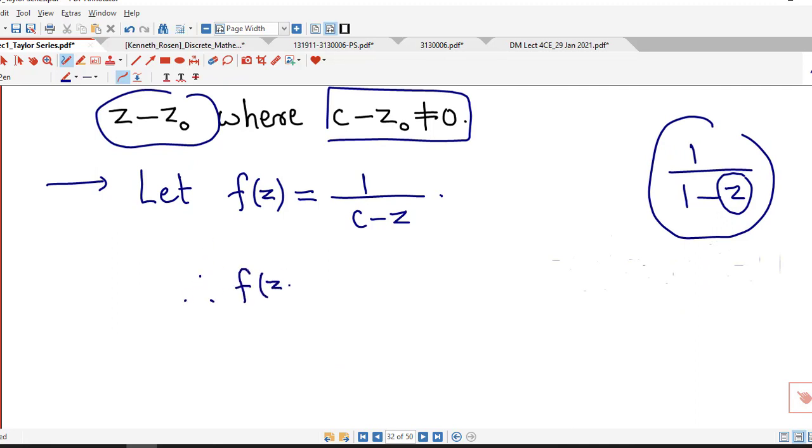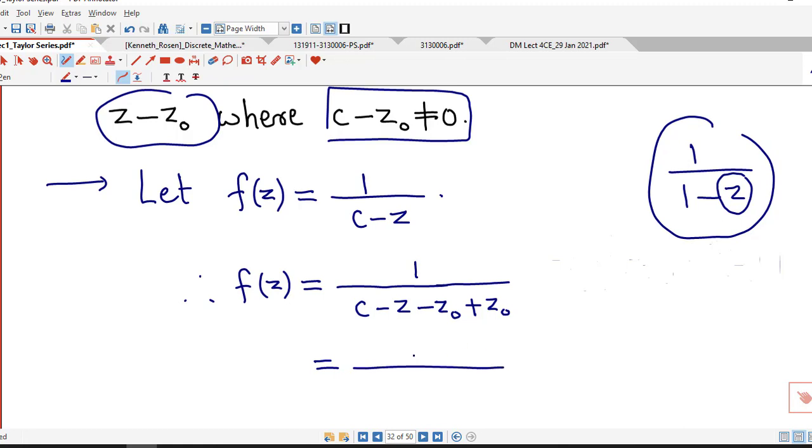For that, because we require a series in powers of z minus z0, first I consider addition of z0 and subtraction of z0. So I rewrite this term as c minus z plus z0 minus z0, and we require z minus z0, so for that we can combine these two.